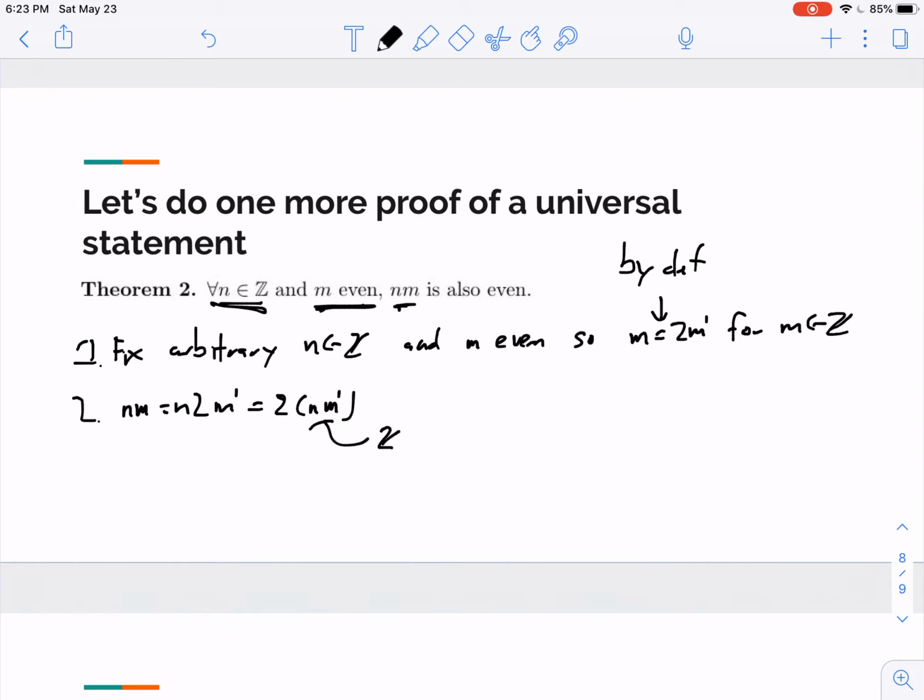And that means that their product is of the form 2 times some integer, which means their product is even. So now we've successfully completed the proof. So again, we use the universal statement proof technique. You fix arbitrary elements that satisfy the hypotheses, like they have to be an integer, they have to be even, they have to be a power of 3, and then you prove that the conclusion must hold.